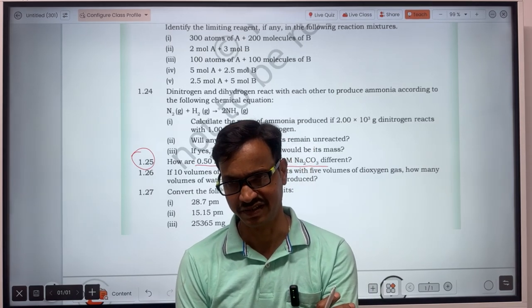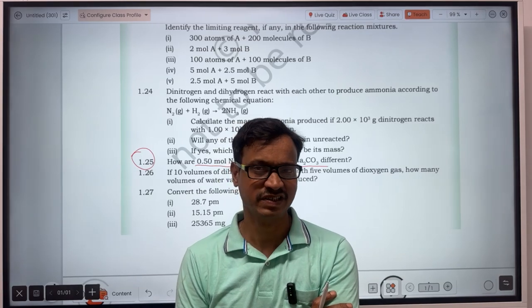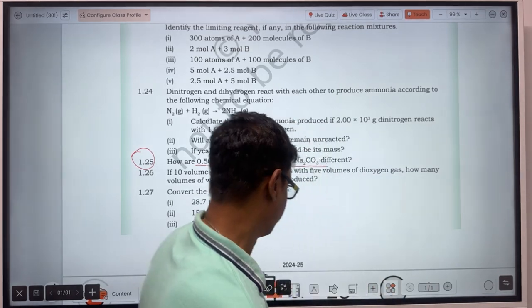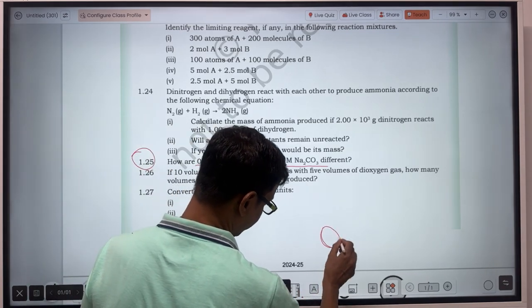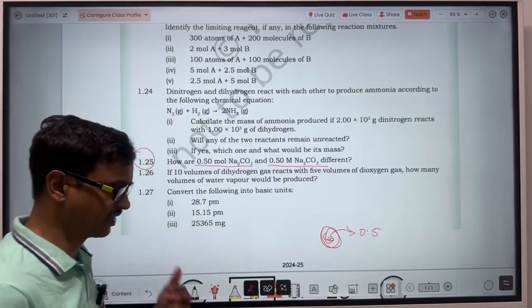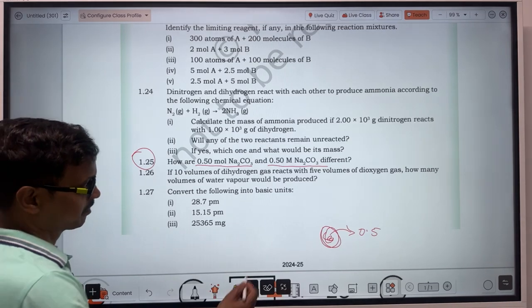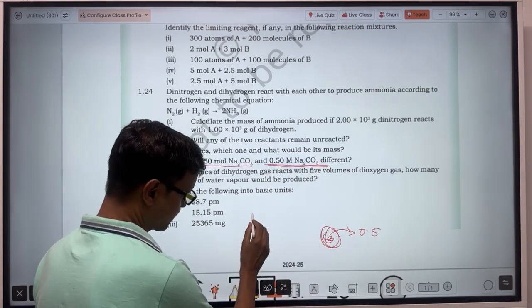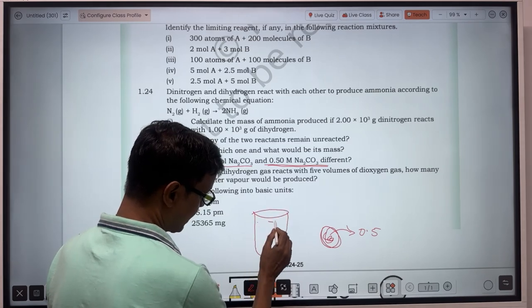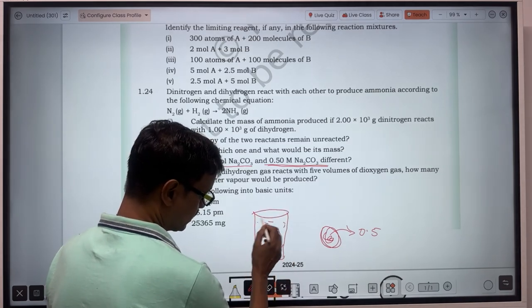That much Na2CO3. Whereabouts? No information is given here. That means there will be a sample, just like that, there will be an amount of Na2CO3, and in this case, the number of moles is 0.5. But 0.5 molar Na2CO3 means Na2CO3 here is acting as a solute.